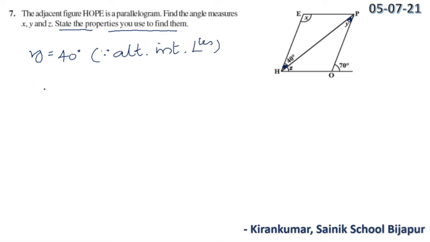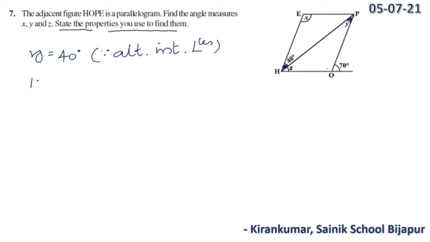Now observe. How to find the X value and how to find the value of Z. We all know that whenever there is an interior angle and exterior angle, they form a linear pair.